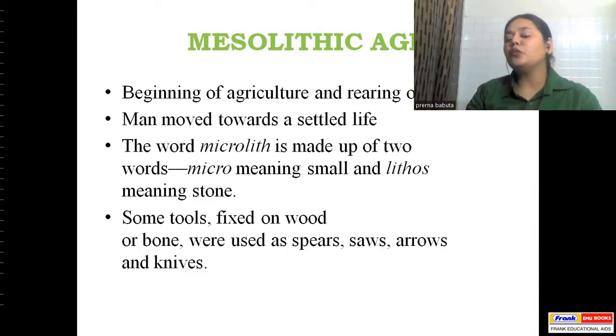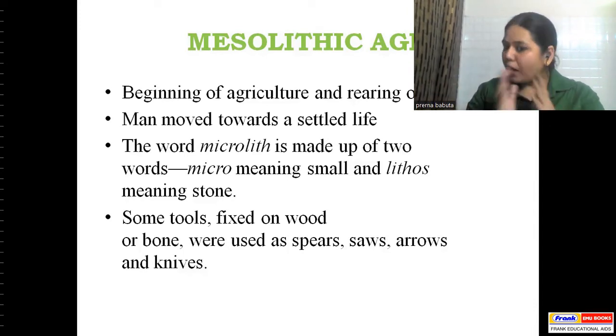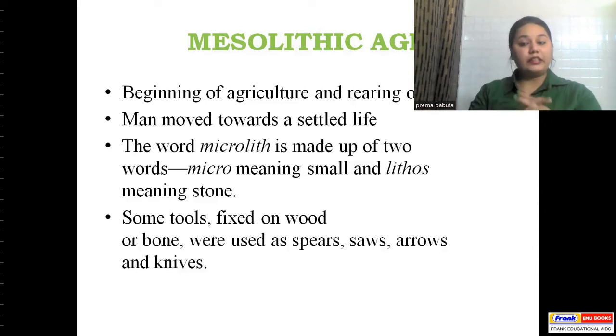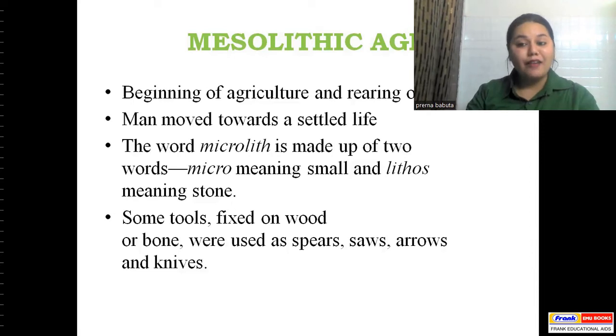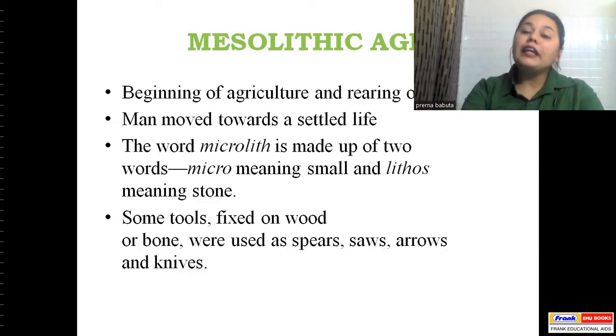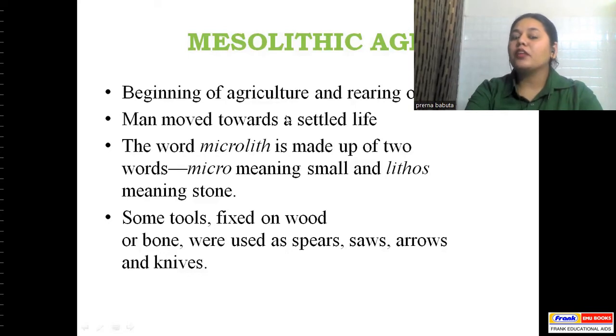So why was he doing all of this? Probably the man of the Mesolithic age was aware of the usage of plant life, someone who had sound knowledge about flora and fauna.